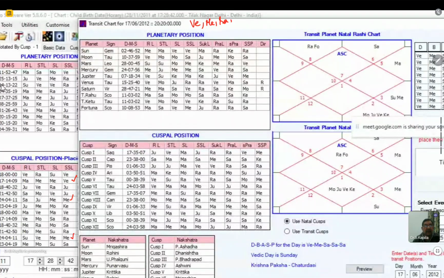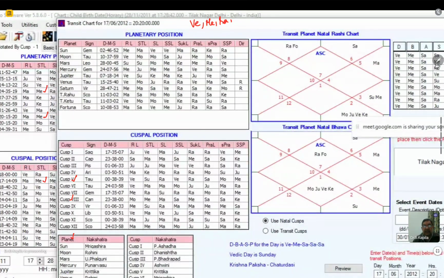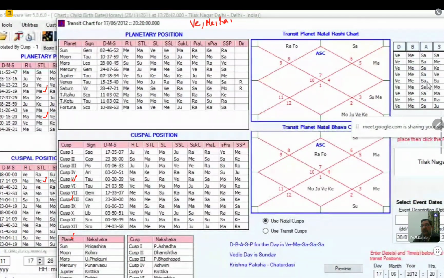And the planets which are in the star of Mercury are Mercury itself and Rahu. So Mercury and Rahu can be the 2 planets which can be the Sukshma lords. Here Mercury, since we have already discussed, is a co-ruler of all the 3 houses, 2, 5, and 11. Therefore, we will select Mercury as the Sukshma.